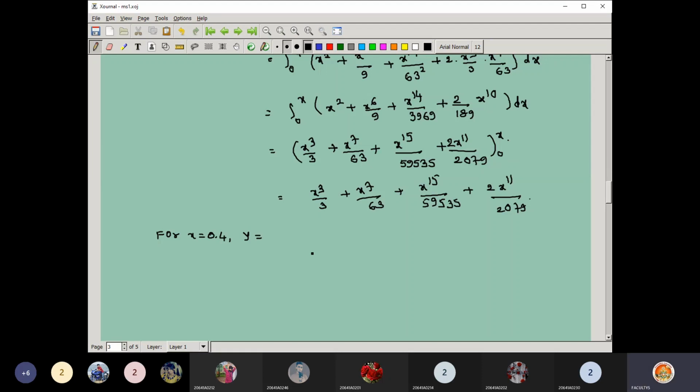Direct substitute. 0.4 power 3, divided by 3, you are getting that answer, and plus 0.4 power 7 divided by, what is the answer you are getting? Just substitute x equal to 0.4. Are you getting this answer?